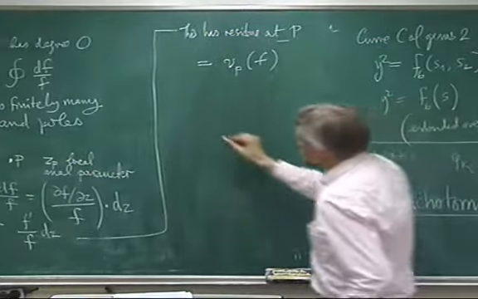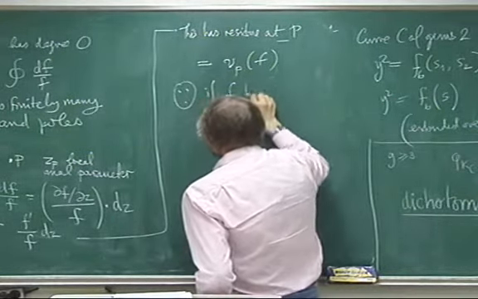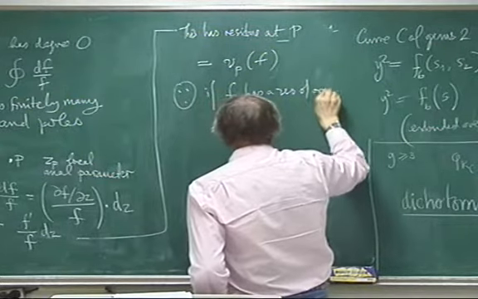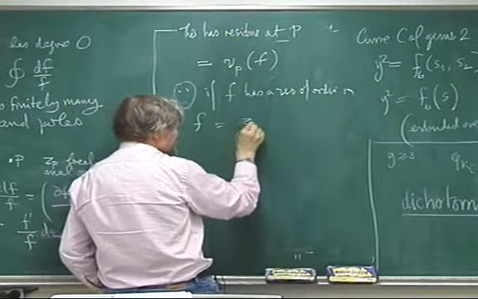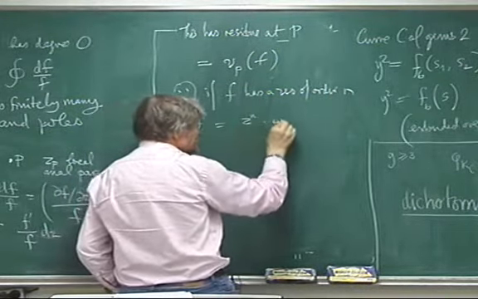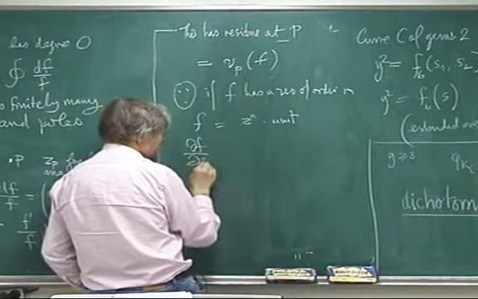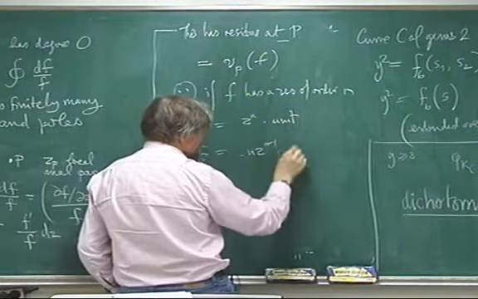Right? Because if f has a zero of order n, it means f is z to the n times a unit, then df by dz is n z to the n minus 1 times a unit.